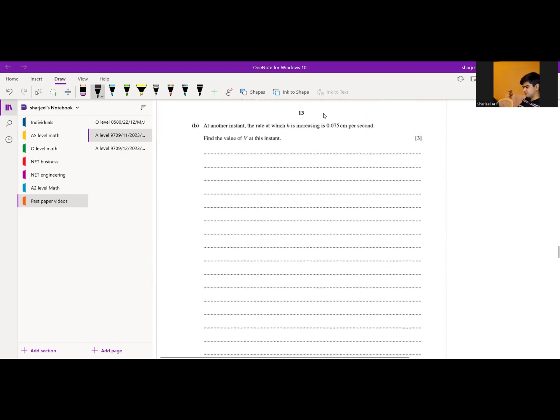Now in another case, we have dh over dt increasing at a rate of 0.075 centimeters per second, and dV over dt increasing at a rate of 500 cubic centimeter per second. That's what we have given in the previous part. So again, we will apply the chain rule. We have to find dV over dh in this case.